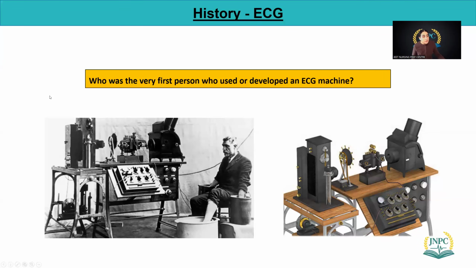So look at that. Who was the very first person who developed an ECG machine? His name was Willem Einthoven. Somewhere around 1900, they invented this big machine, and it was a very, very heavy machine.